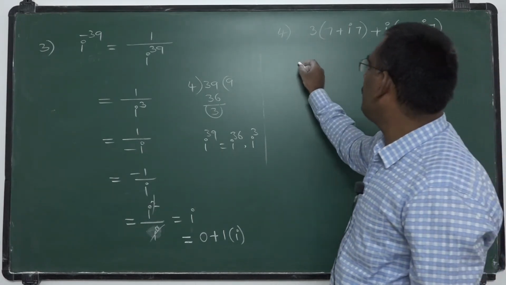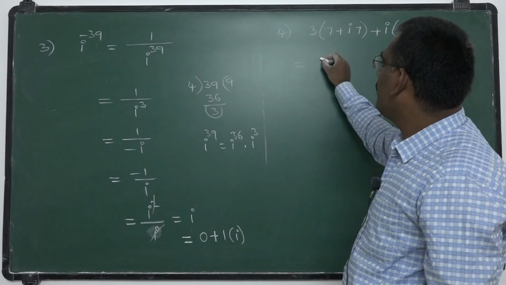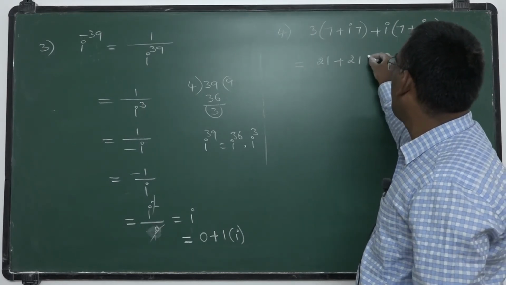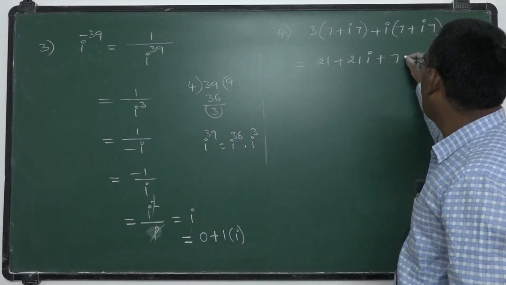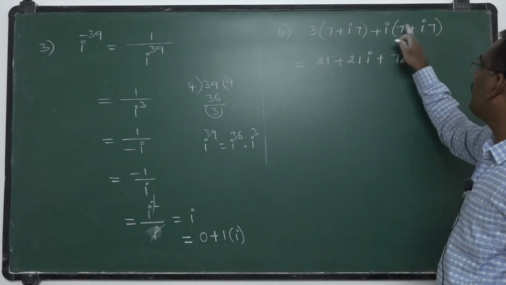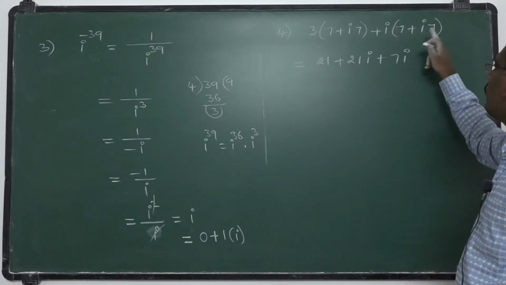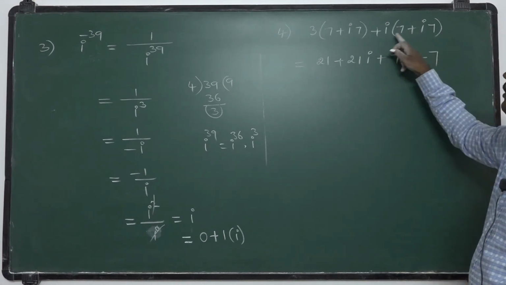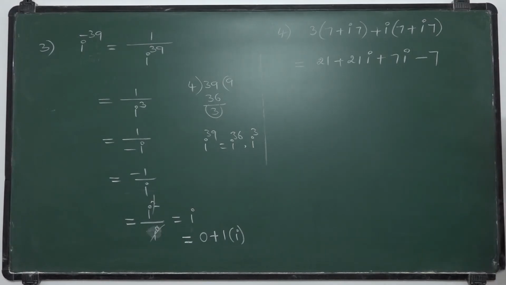First multiplying with 3: 3 into 7 is 21, plus 3 into 7 is 21i, plus 7i into i, so 7i square. i square is nothing but minus 1, so i square into 7 is nothing but minus 7.